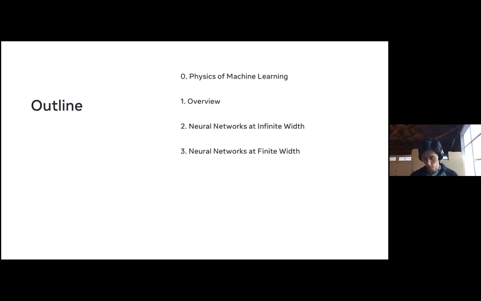Okay, since I cannot talk about everything in the book because it has thousands of equations and 400 pages, I'm going to be very high level. So here we go. Since I understand this audience is at the intersection of physics and machine learning, I would like to first begin the talk by philosophizing about what we aim to do, or at least what I personally hope to do in this field.